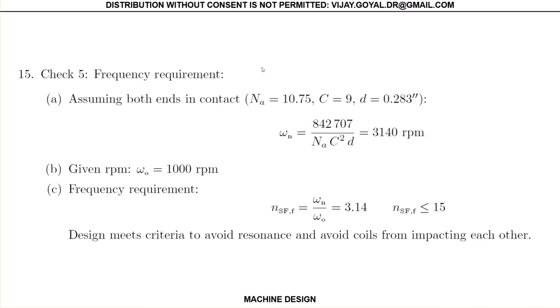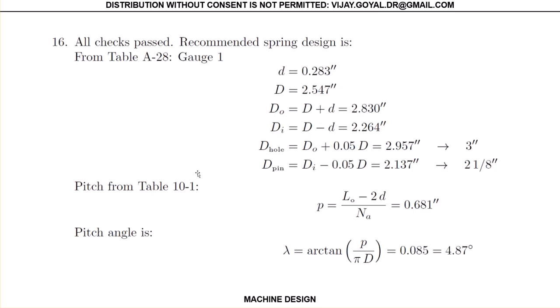So for the values that we have in our problem, I can write them down here, replace this value, get this, and your forcing frequency was 1000. When you divide this, you get 2.14, and this is less than 15. So the coils are not going to hit each other, and resonance is not going to be an issue. So all of these pass the check.